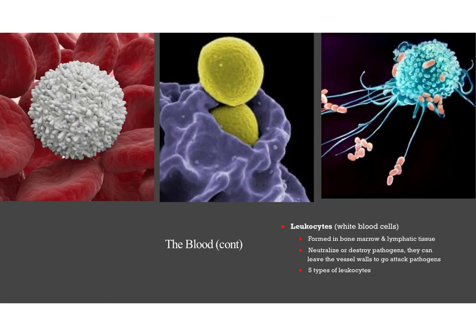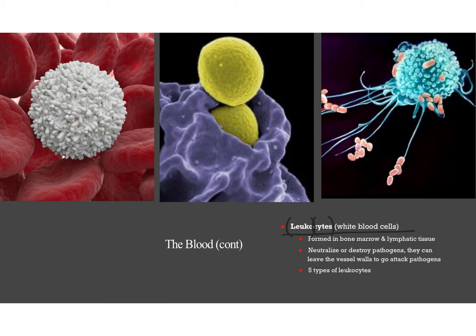All right. We then have leukocytes, or white blood cells. Okay? Leuko means white, and again, cyte means cells. These are formed in the bone marrow in lymphatic tissue. Their job is to neutralize or destroy pathogens. They can leave vessel walls and go attack the pathogens.